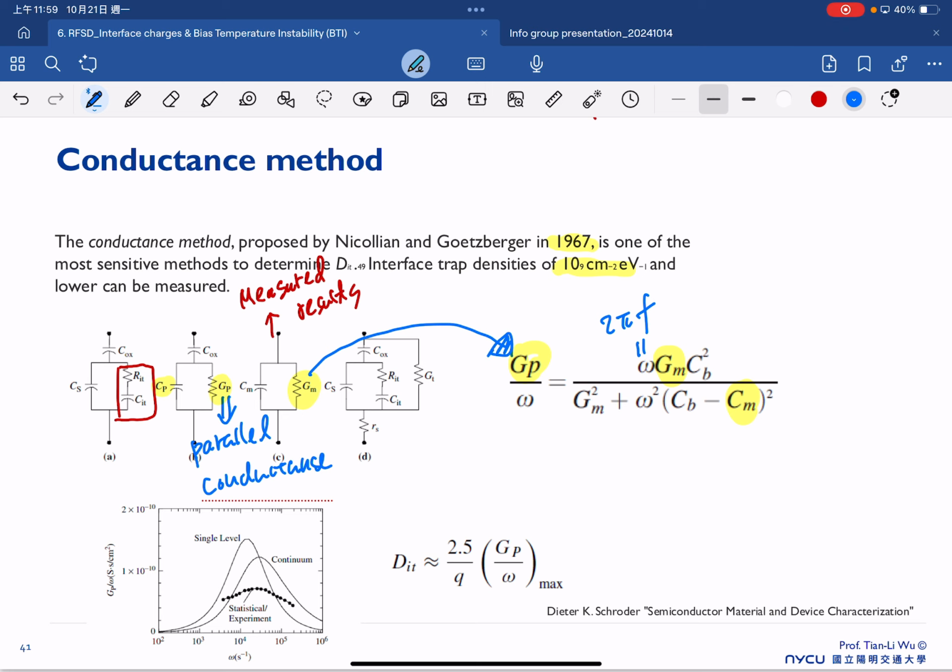And CB is the ideal capacitance here. And with some simplified calculation from this to this, once we have GP over omega, we can put it here. Then we have DIT roughly equal to 2.5 times GP over omega.